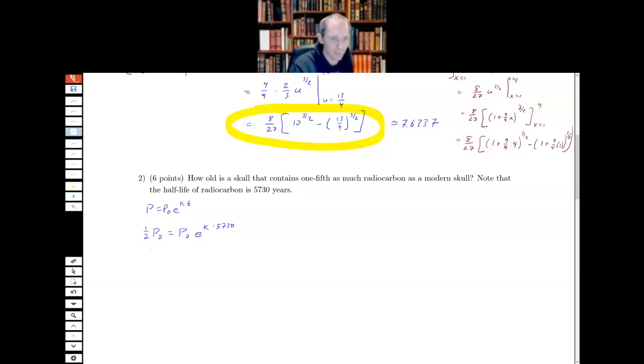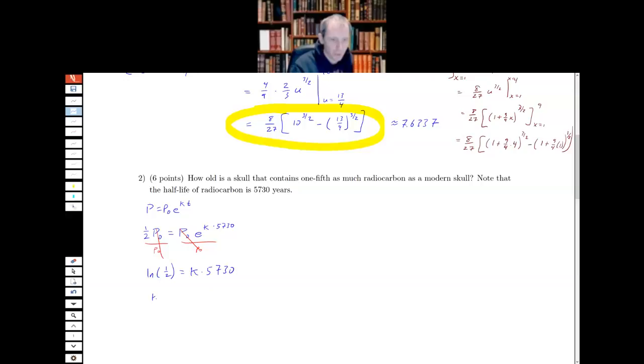So if I just divide both sides by P0, they completely cancel away and that's gone. So half equals e to the k times 5,730, and then we take the natural log of both sides. When you take natural log of e to the stuff, the exponential and the log cancel, and we just get k times 5,730.